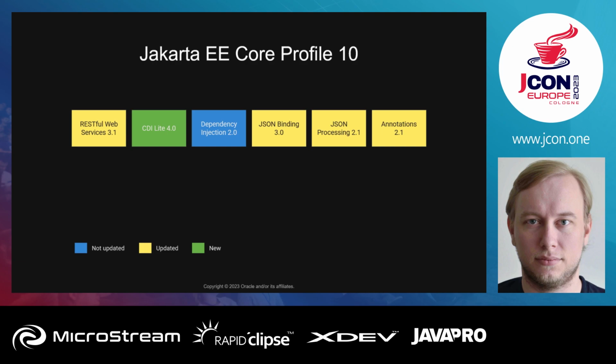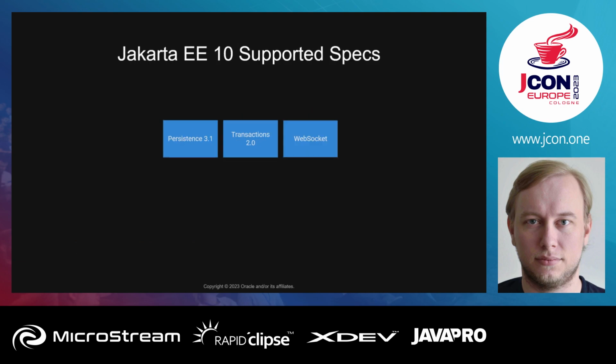The blue ones are without a change, as with the previous example. And we also have some selected Jakarta EE specifications present, such as persistence, transactions, or WebSockets, but we didn't do any updates there.